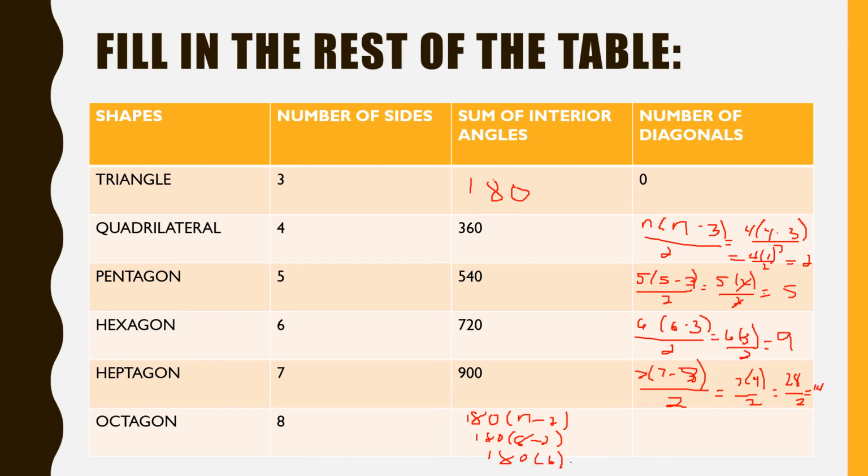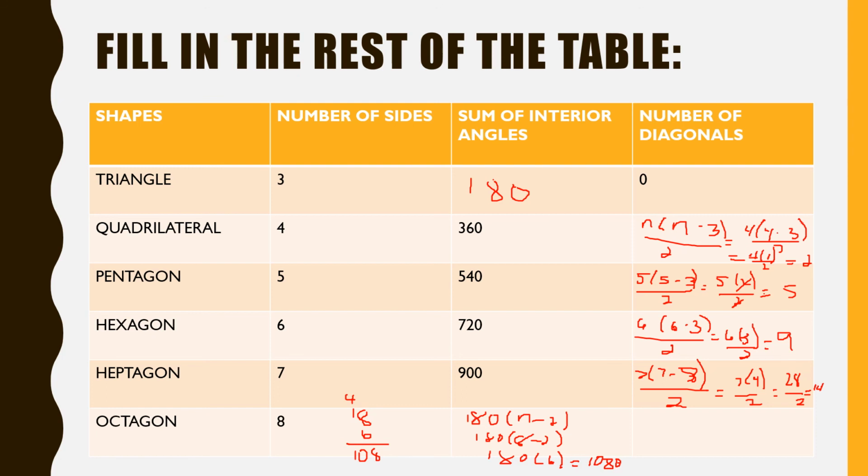Okay, so 180 times 6. 8 times 6 equals 48. So 1,080. Is that correct? Yes, 1,080 is the sum of the interior angles.